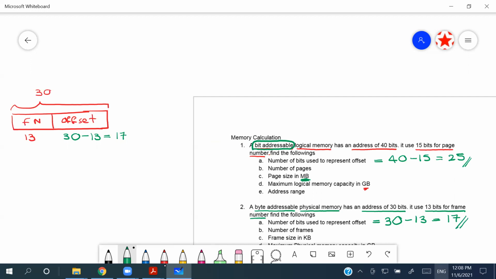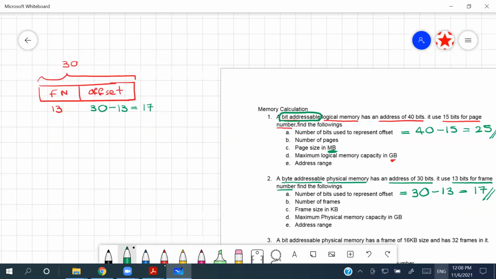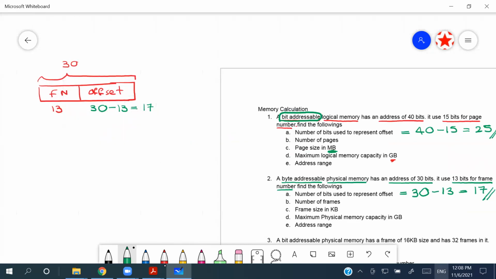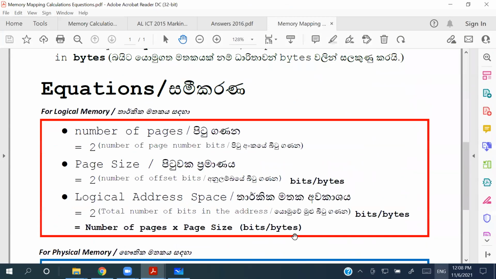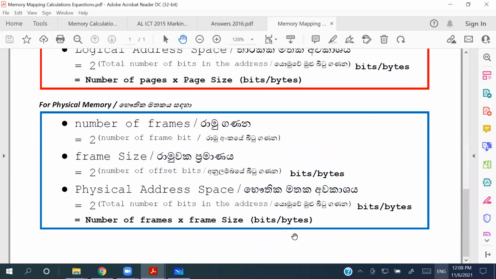Then the number of frames. Now, how are we going to calculate that? To calculate the number of frames, we need the equations in the blue square because it is the one explaining the physical memory.